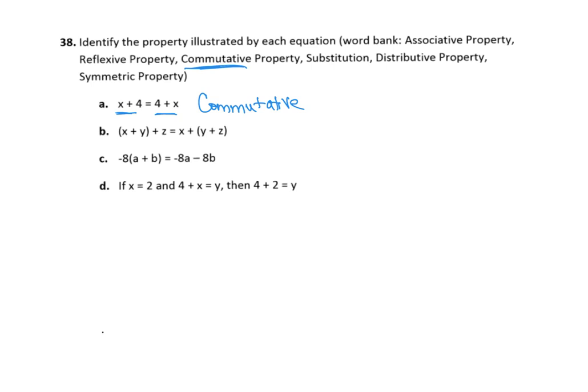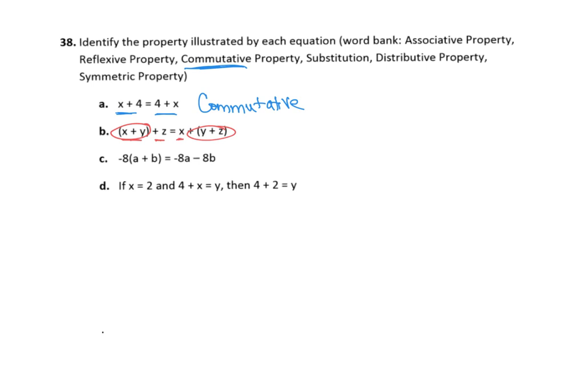Now B, we have x plus y grouped together, then plus z, and then we have x and then y plus z grouped together. But if you look at what we have here, we have x, y, z, x, y, z. We did not change the order. What we changed was who was grouped with who. X and y are best friends on the left side and z's on the outside. And then we have y and z being best buddies and x is left out.